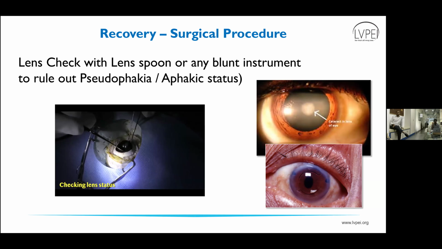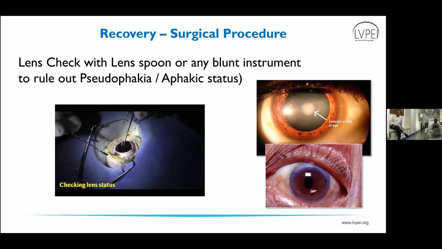If you find the lens is natural, you can write it as phakic. Usually we do this even before the recovery, but make sure, this is very important, to do it again even after corneal excision, because sometimes we may not be able to see the lens clearly before excision. Now it is totally open and you can clearly, physically see the lens status, right? So using forceps or any lens cone, just palpate the area and see whether it is natural or artificial.